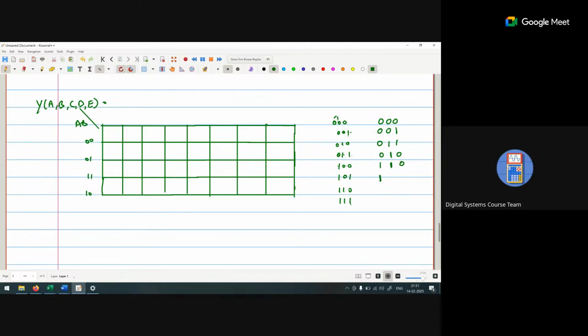Now 1 1 XORing is 1. 1 0 XORing is 1, and 0 1 XORing is 1. This one 1 1 1 XORing is 0, 1 0. So this is the gray code: 0 0 0, 0 0 1, 0 1 1, 0 1 0, 1 1 0, 1 1 1, 1 0 1 and 1 0 0.